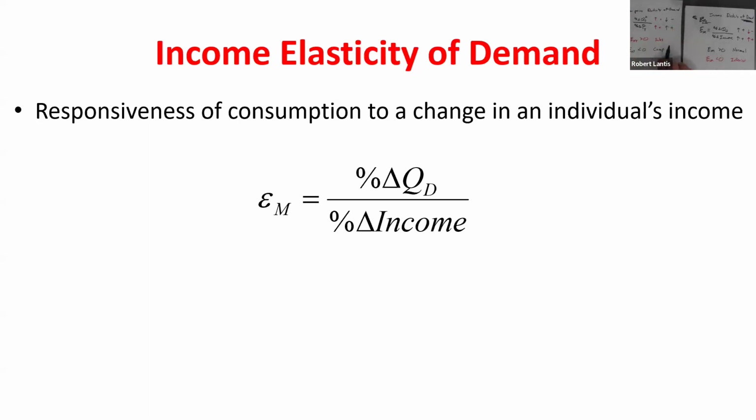So you could do the other way. Let's say I had a decrease in income. If I had an inferior good, so this is going to be a negative change. If it was inferior when I have less income, what's going to happen to my demand for that good? I'm actually going to buy more of it. So positive over a negative would still give me a negative elasticity.